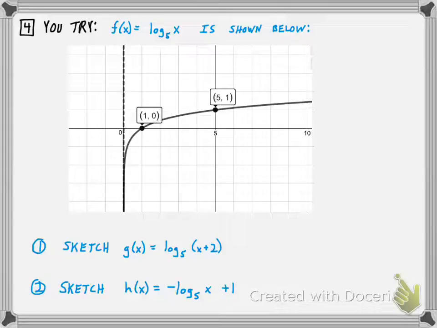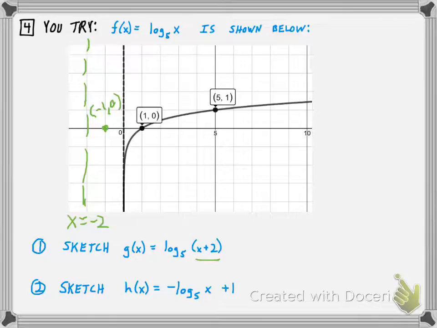Alright, we should recognize this as a transformation of a shift 2 units to the left. So my asymptote is going to be moved 2 units to the left. That's going to become x equals -2. My x-intercept is going to be moved 2 units to the left. That's going to become (-1, 0).